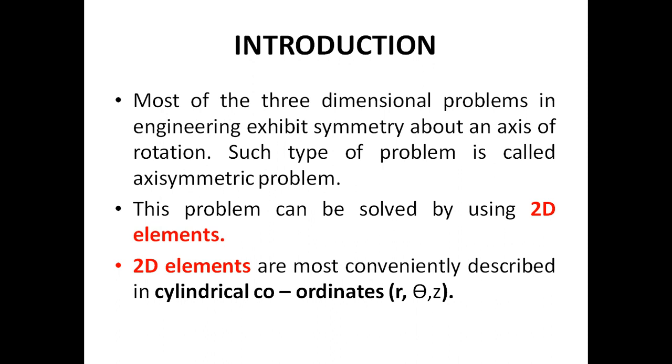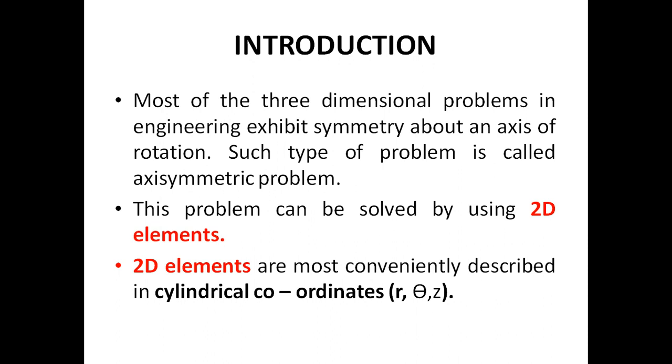That 2D model is divided using two-dimensional elements, so we solve axisymmetric problems by using 2D elements. And the most important thing is that 2D elements are more convenient for describing the cylindrical coordinates, that means r, z and theta.